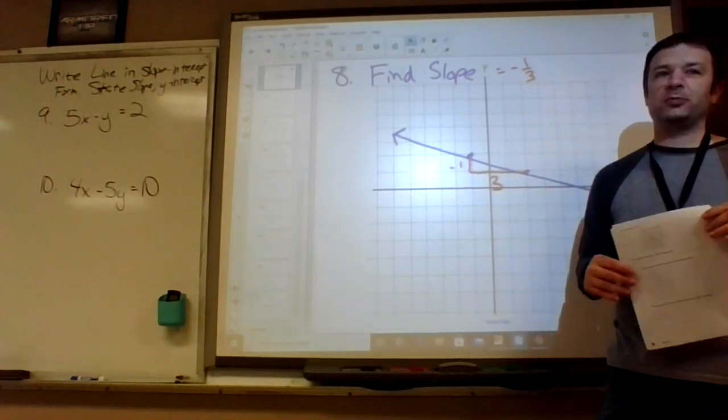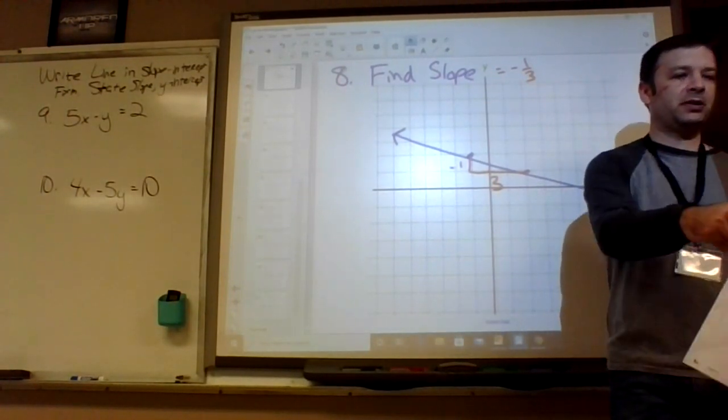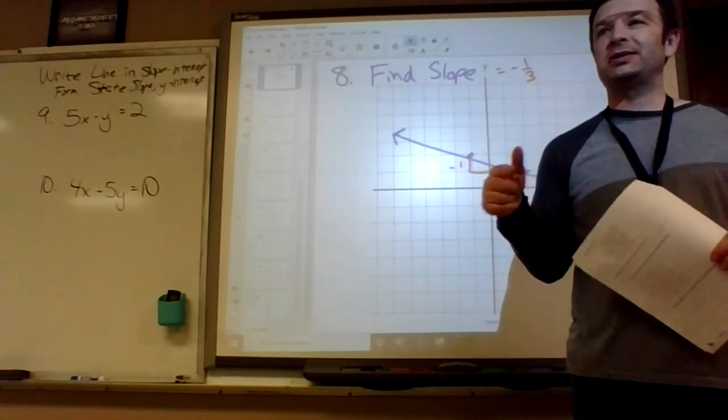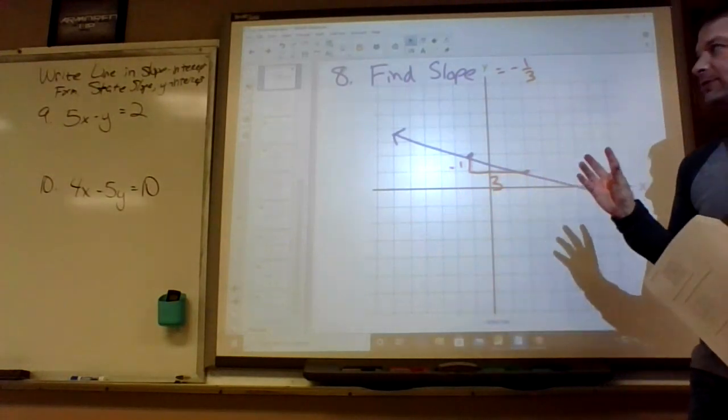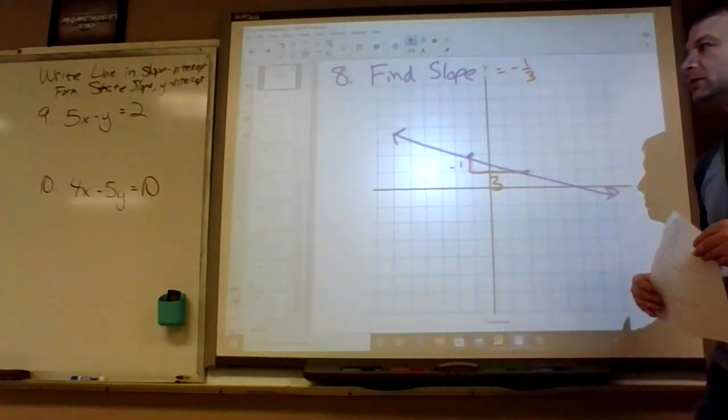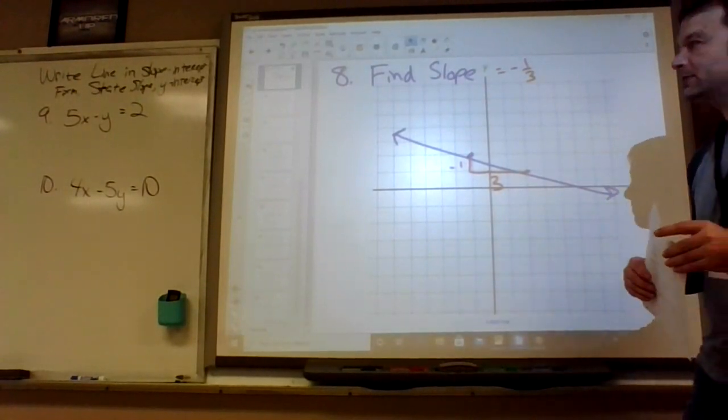What is slope intercept form? Y equals is slope intercept form, because the number in front of the x is the slope, and the other number is the y-intercept. It's just another way of saying solve for y, basically.